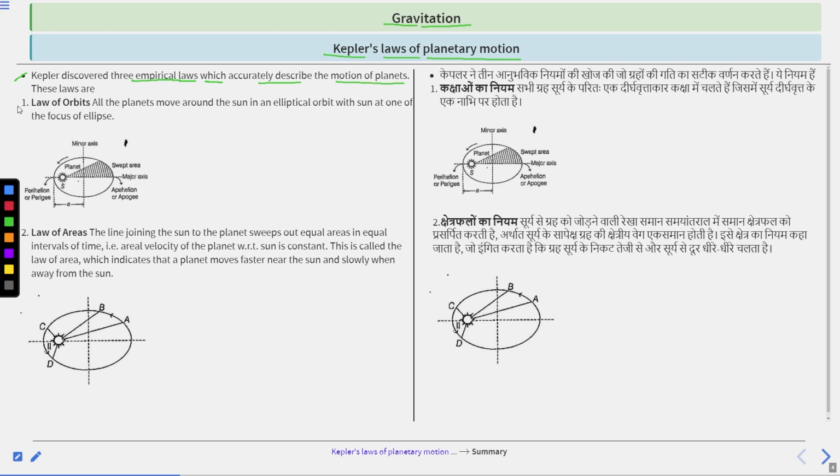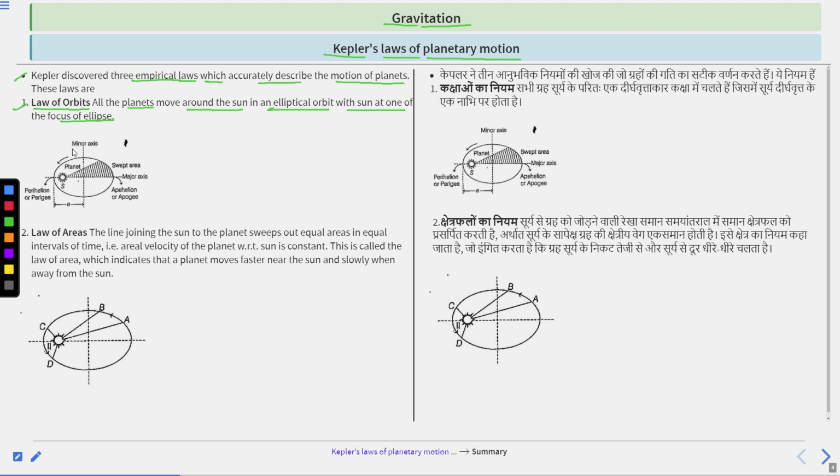These laws are: first law, law of orbits. In this law, all the planets move around the sun in an elliptical orbit with the sun at one of the foci of the ellipse. In this diagram, this is the sun and all planets move around the sun in an elliptical orbit.